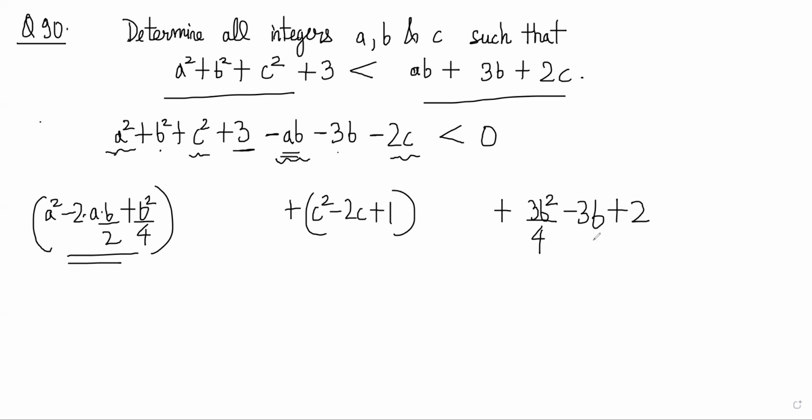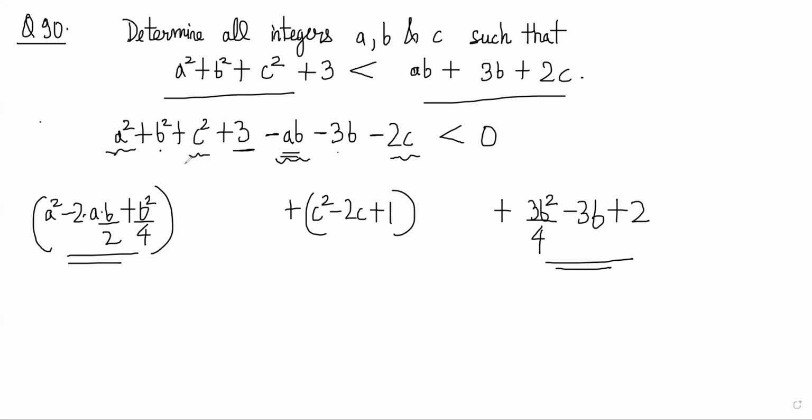So I feel like I'm missing something; this part is not becoming a clear perfect square. So let me just think. Right now, I need an extra 3 here. If there was a plus 3 here, it would be nice. Right now, I have a plus 2, which doesn't work.